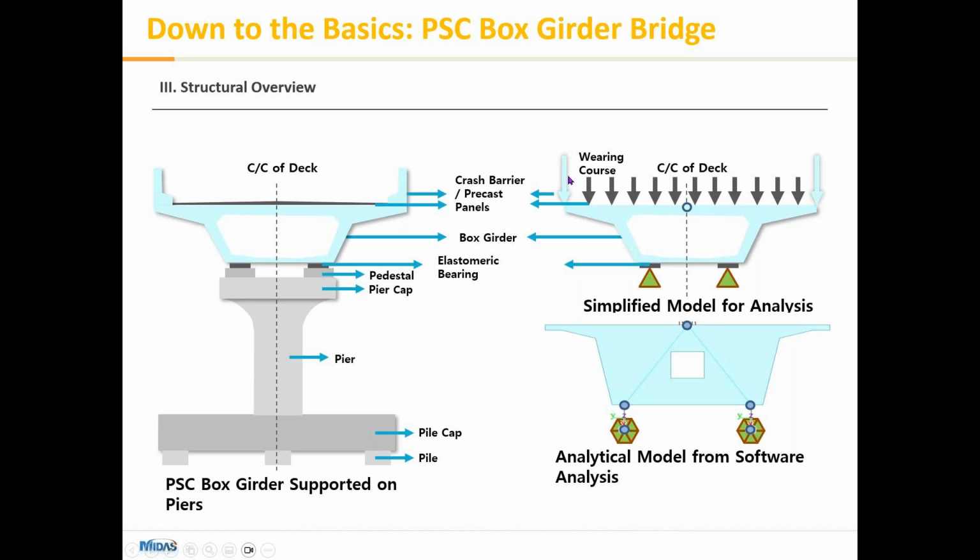Then this is the crash barrier loading, as you could see at both the ends of this box girder. The bearings will be modeled as elastic links, and these are my supports. So in Midas, the entire structure can be represented in this manner. The analytical model from the software will look something like this.